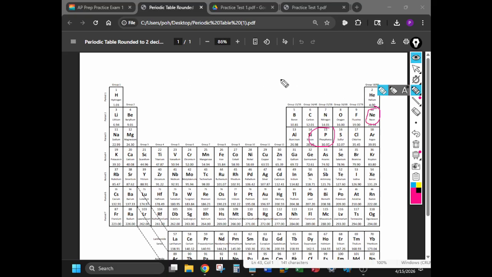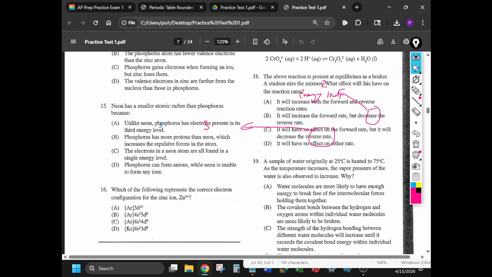The shells, right? Phosphorus has 3 shells. Neon has 2. Okay, and we know that another term for shells is energy levels, right? And so if you take a look at the responses, you will see A. Phosphorus has electrons in its 3rd shell, 3rd energy level, but neon does not. So that's going to be your answer.